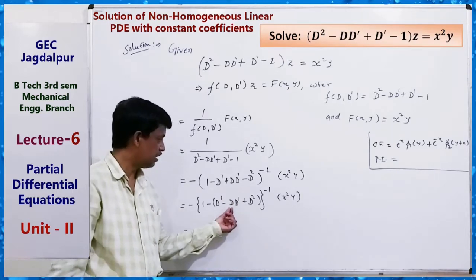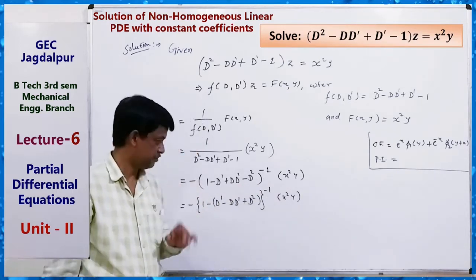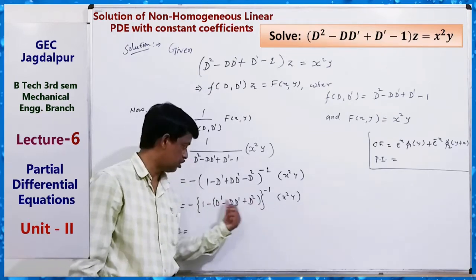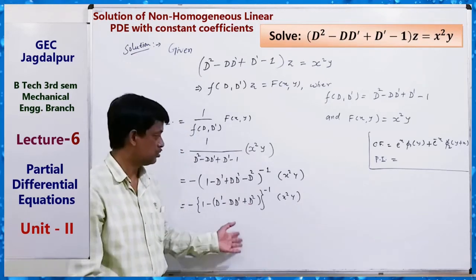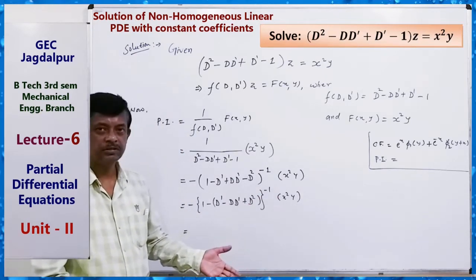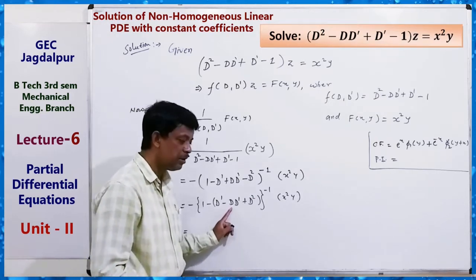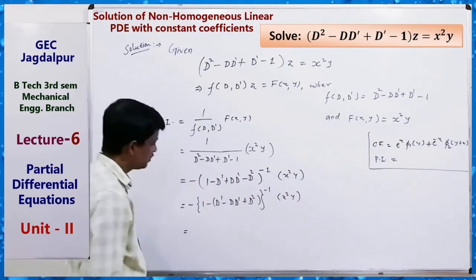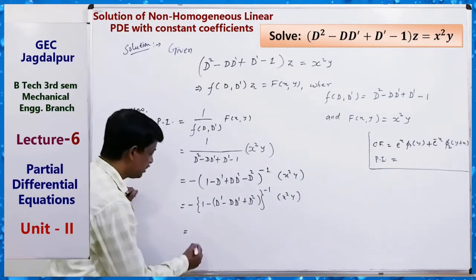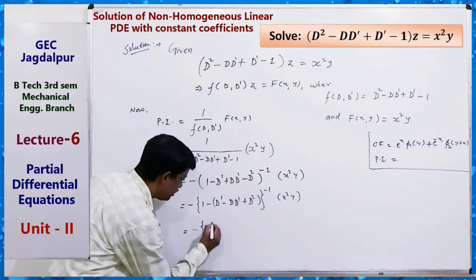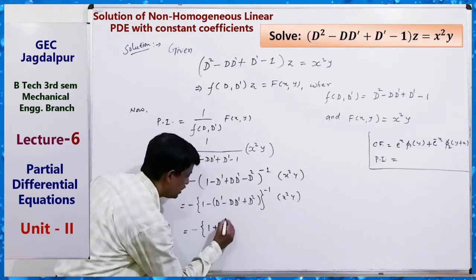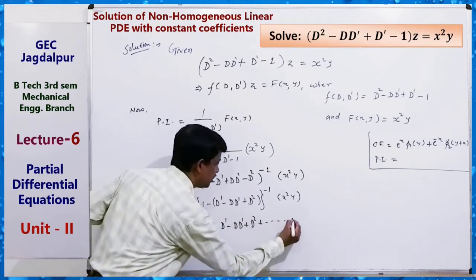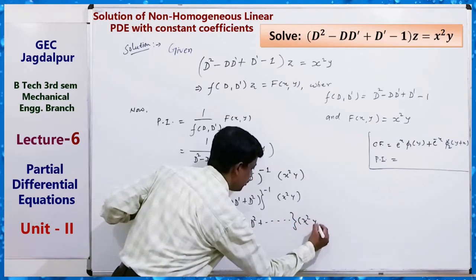Then once again we can apply d, but for the second term, 1 plus x square of this will be a higher power, so the higher value will be 0. So here we have to use only one term, then we can get the result 1 plus d dash minus dd dash plus d square plus and so on, higher order, on x square y.